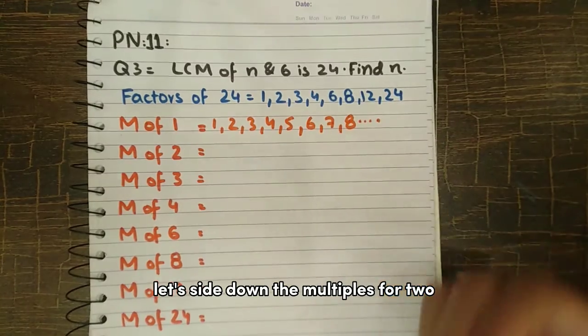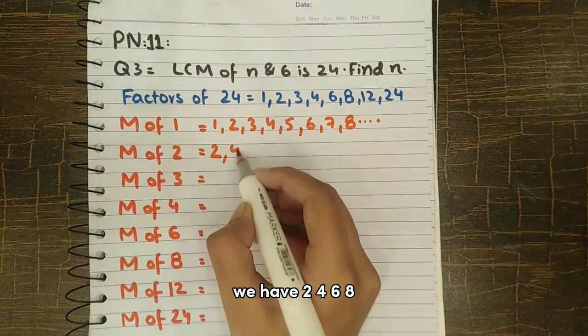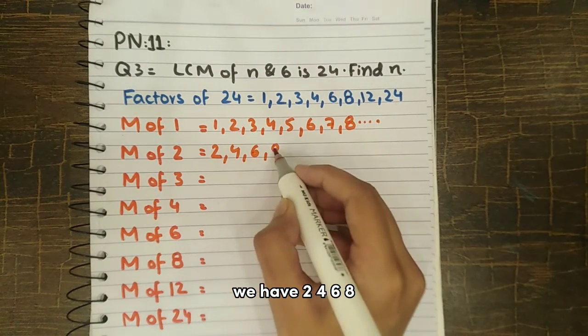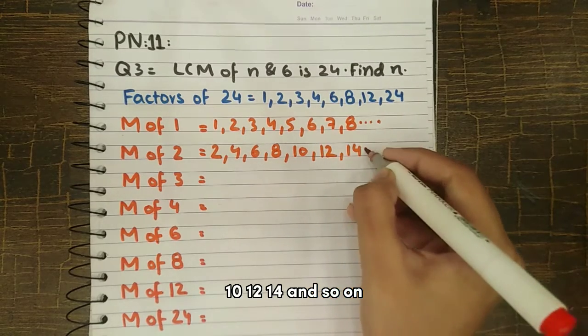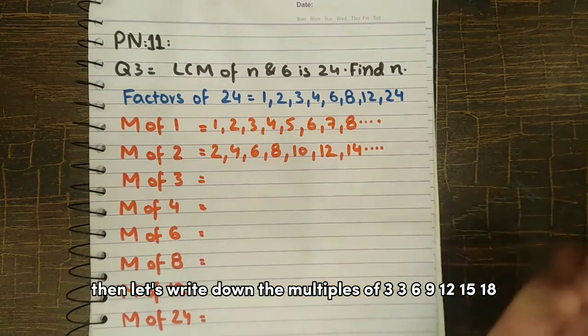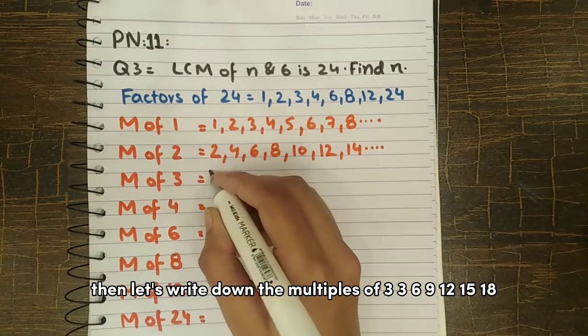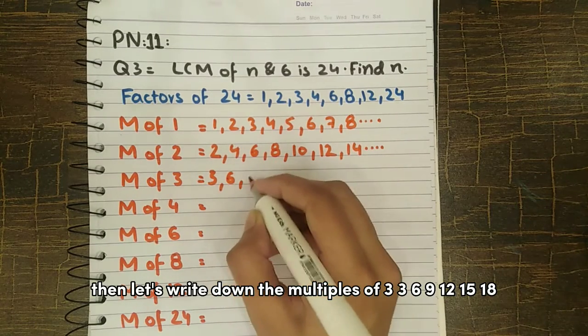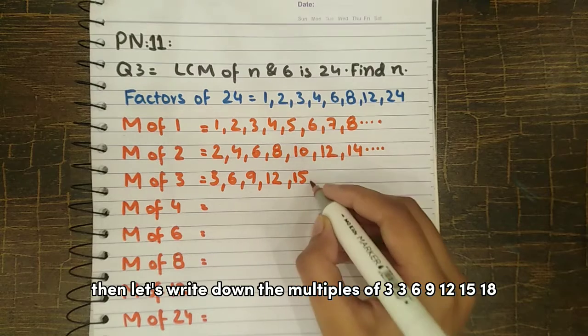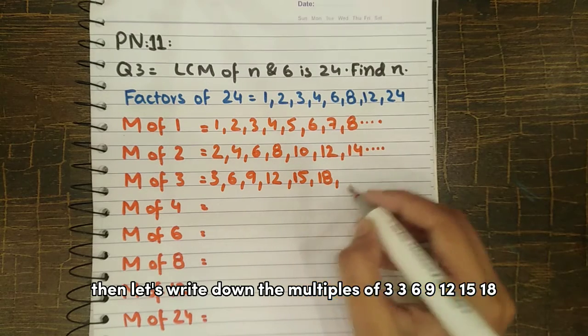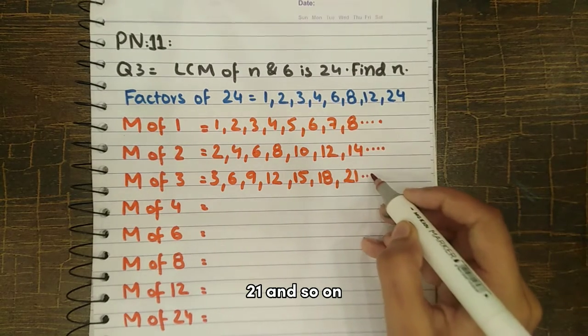Multiples of 2: 2, 4, 6, 8, 10, 12, 14, and so on. Then the multiples of 3: 3, 6, 9, 12, 15, 18, 21, and so on.